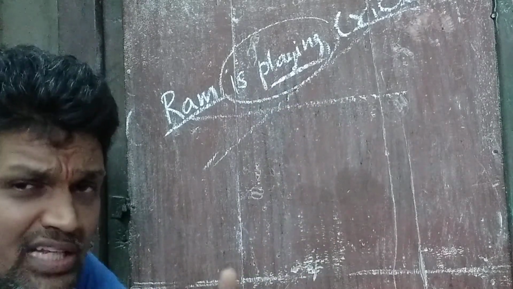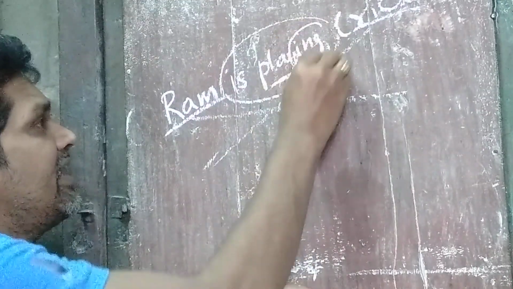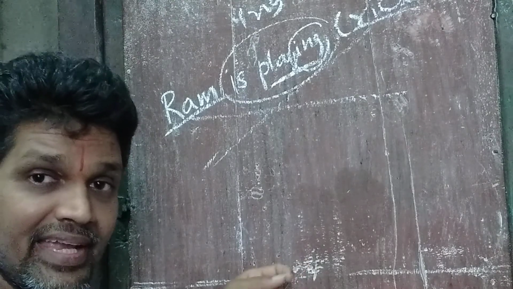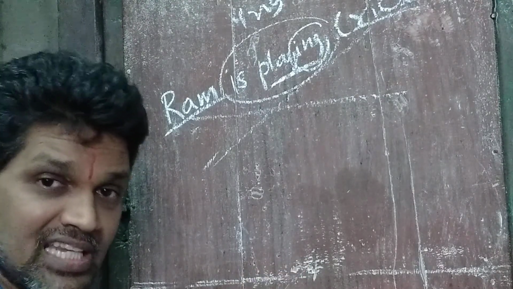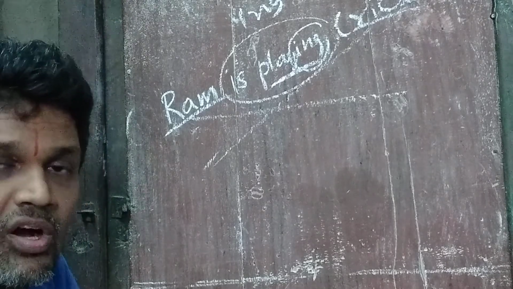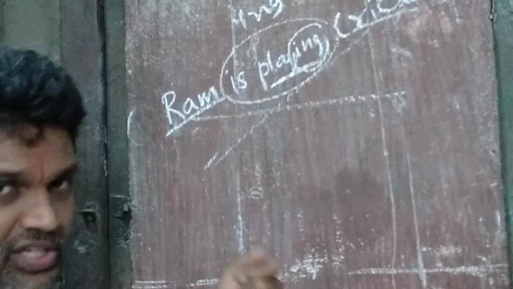How do you know that the verb is in continuous tense? Because here we find the ing form. Playing, drawing, eating, kicking, sleeping, all these are ing forms, so we call them continuous tense.